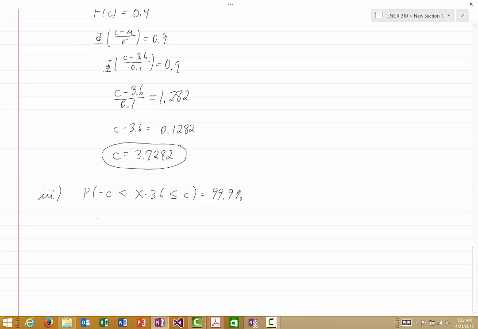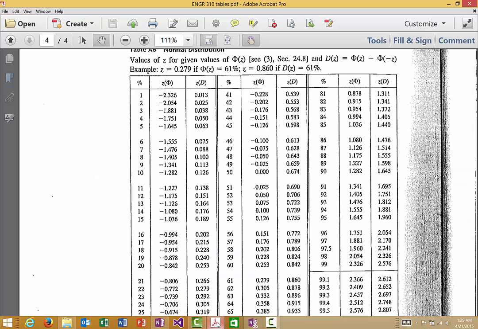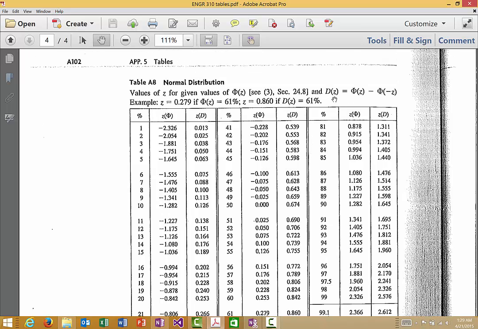Let me note something for you here. When we have exactly this form, this is something a little bit new for us, and it exactly matches a form in table A8, where you have d of z equal to phi of z minus phi of minus c. We're going to use something along these lines.